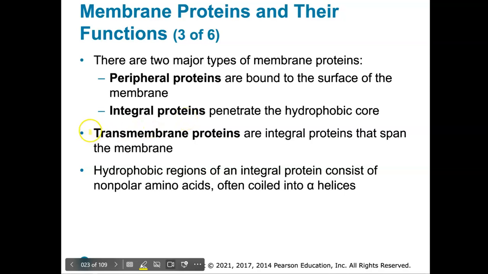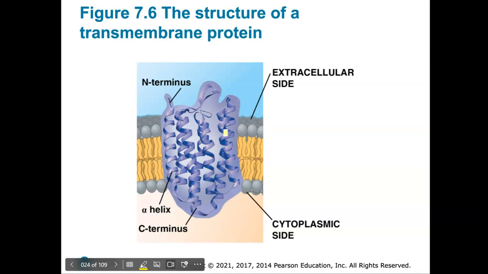And then some span the entire plasma membrane. They are transmembrane proteins, and that means that they are large enough that they are found on the outside all the way to the inside of the plasma membrane. This is a transmembrane protein right here.